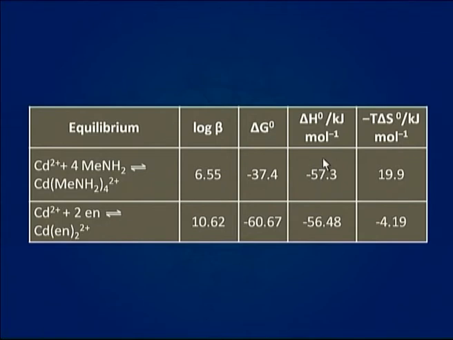These data show that the standard enthalpy changes are indeed approximately equal for the two reactions, and that the main reason for the greater stability of the chelate complex is the entropy term, which is much less unfavorable.